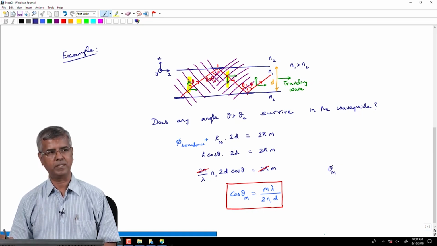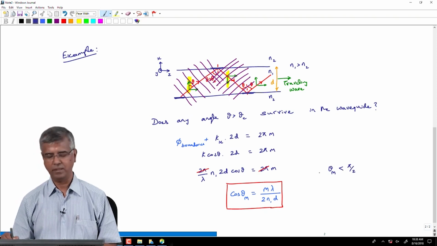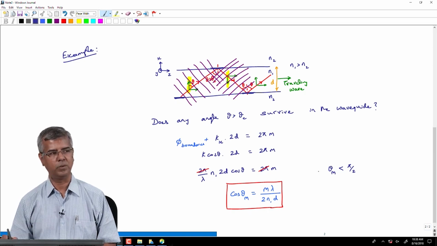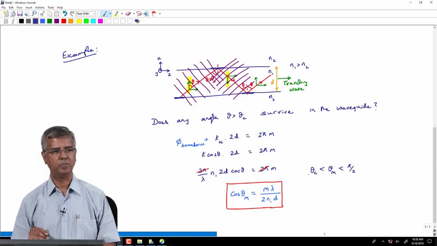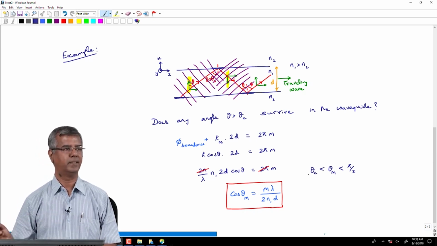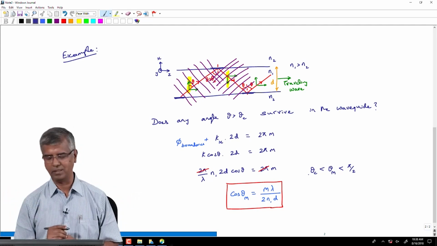What are the boundaries for theta m? It has to be less than pi by 2 for sure, right. But what is the lowest value it can take? Theta c, right, because anything less than theta c is not even totally internally reflected. So, it will escape out.